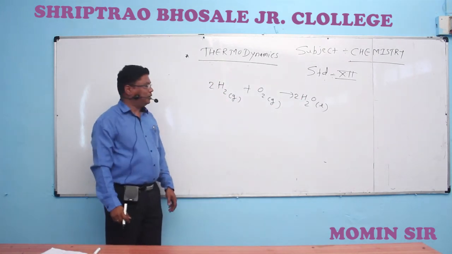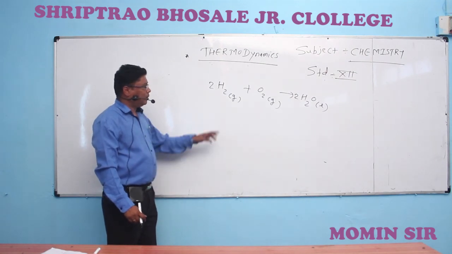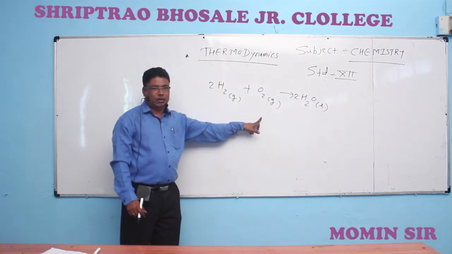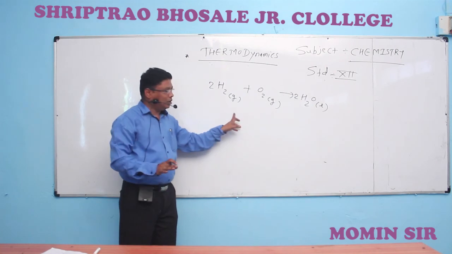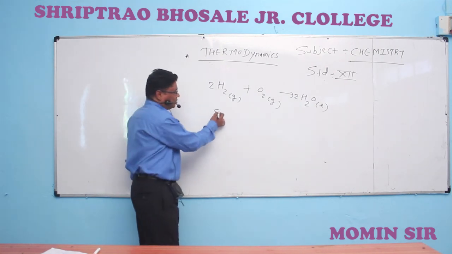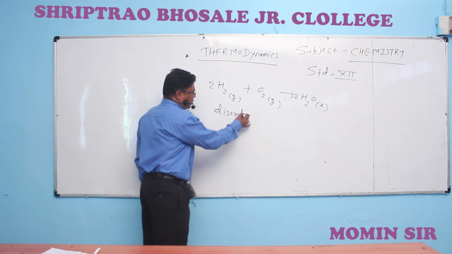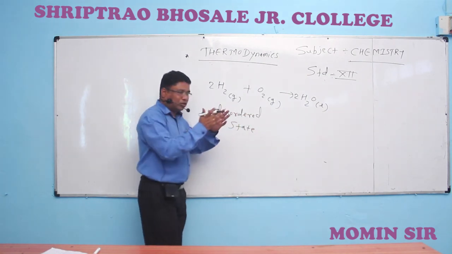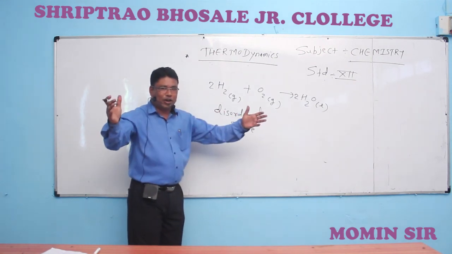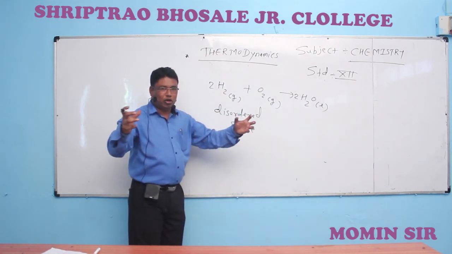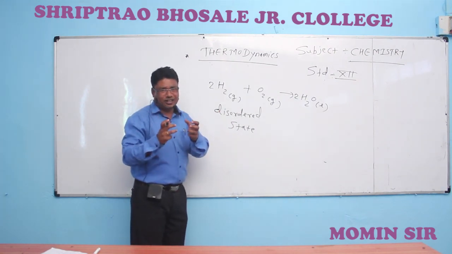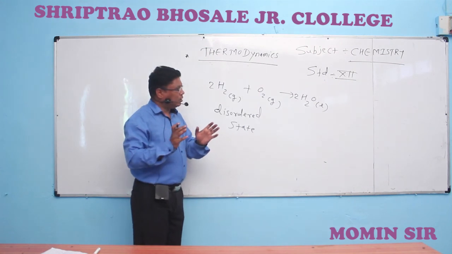Now the reaction is balanced. Hydrogen and oxygen, both the reactants, are in the gaseous state. Is it the ordered state? No, it is the disordered state. Why is it the disordered state? Because in the gaseous state molecules are far away from each other. Intermolecular attraction between molecules in the gaseous state is very less, very negligible.